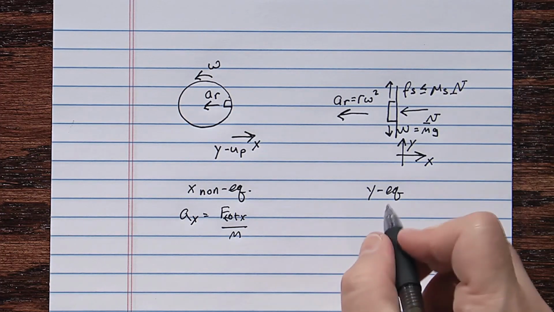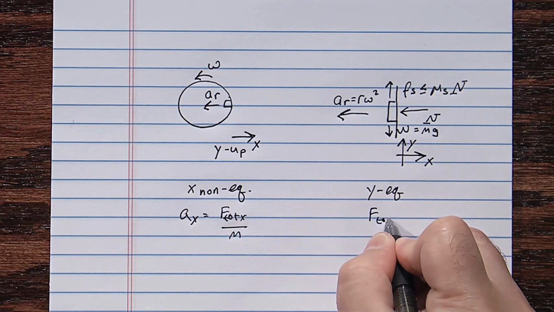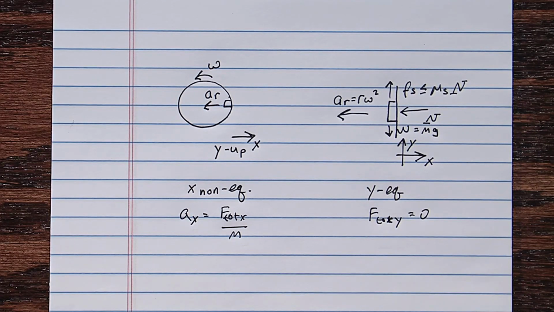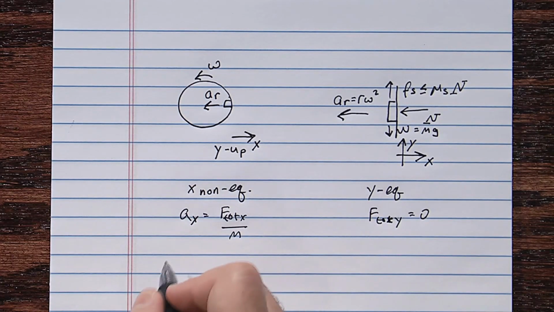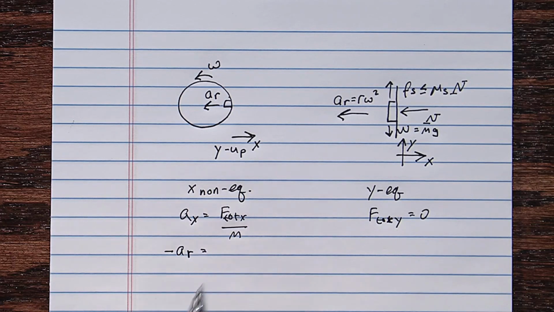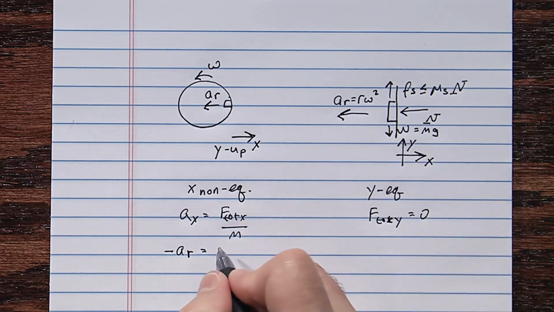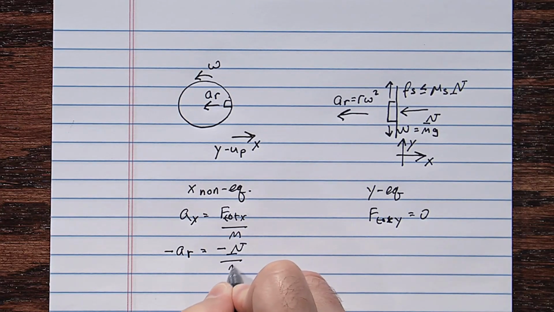And in the y direction, the total force in the y direction is equal to 0. The acceleration is actually in the negative x direction, and it's minus the radial acceleration. The only force that we have in the x direction is the normal force. So that would be minus the normal force divided by the mass.